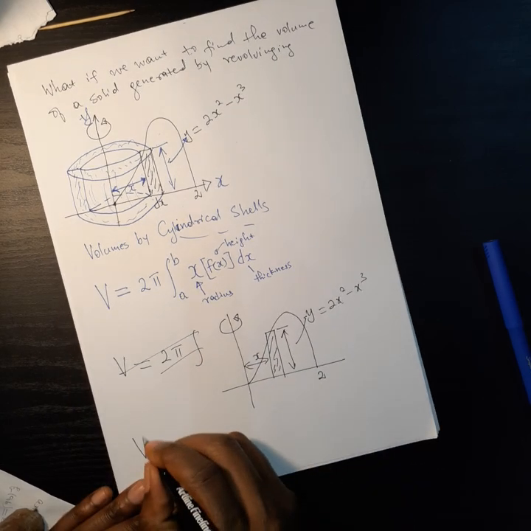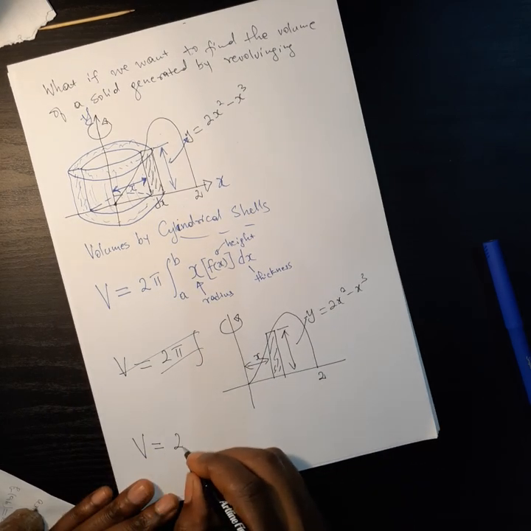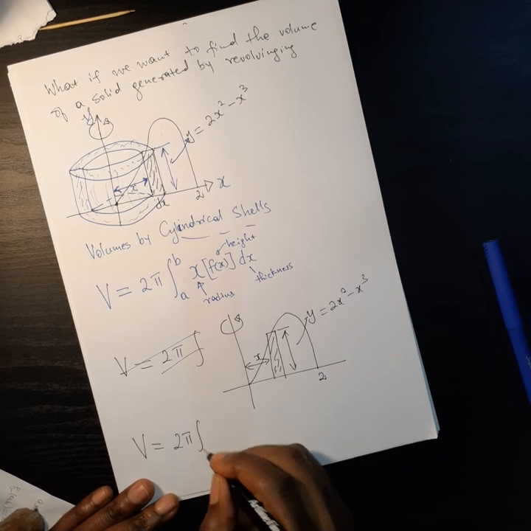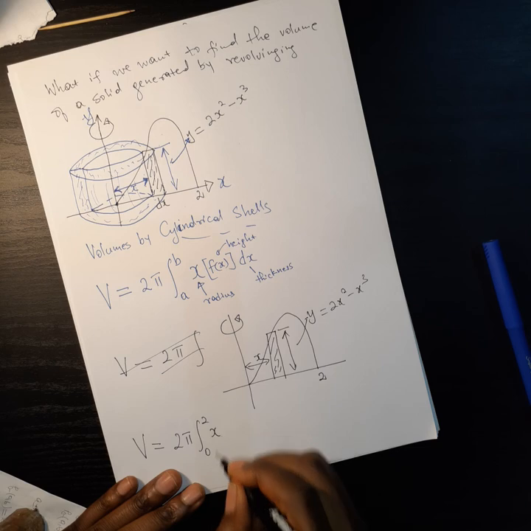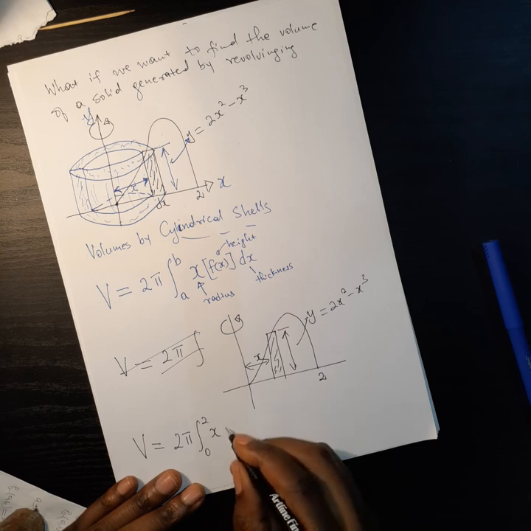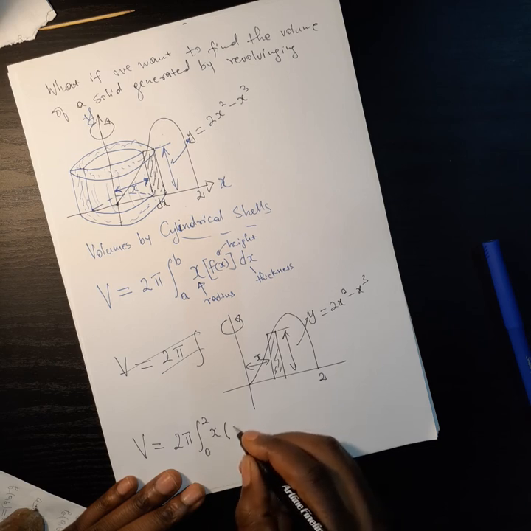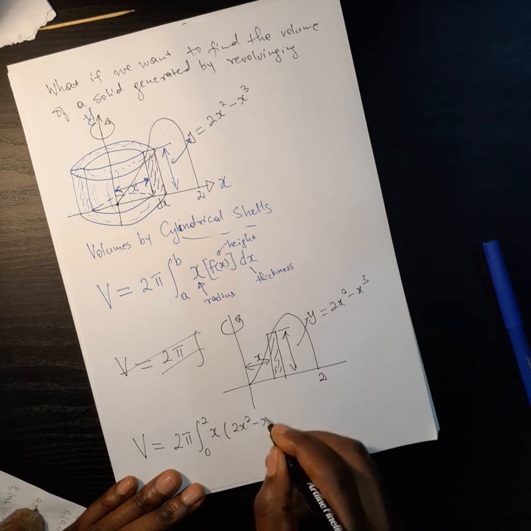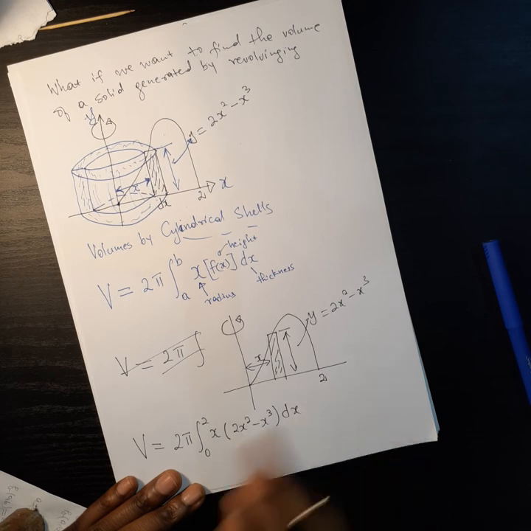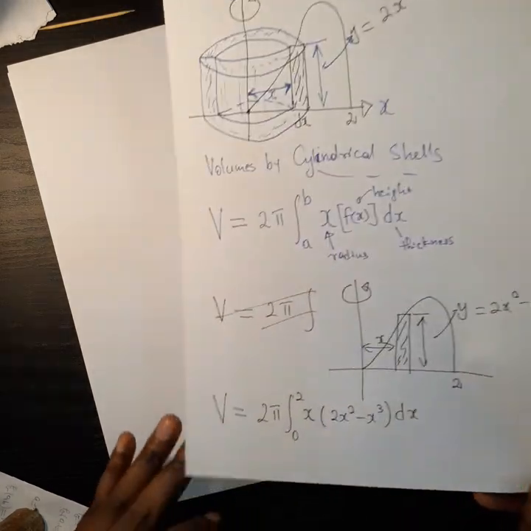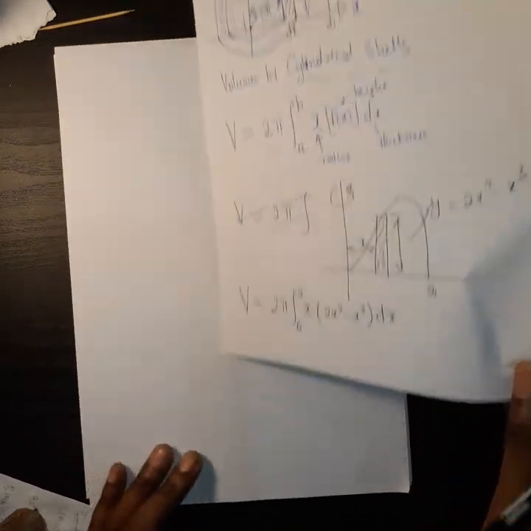So V in this case is 2 pi, the integral from 0 to 2 of our radius, which is x, multiplied by our height, which is 2x squared minus x cubed, and then dx. If you manage to do this, then the rest becomes easy.